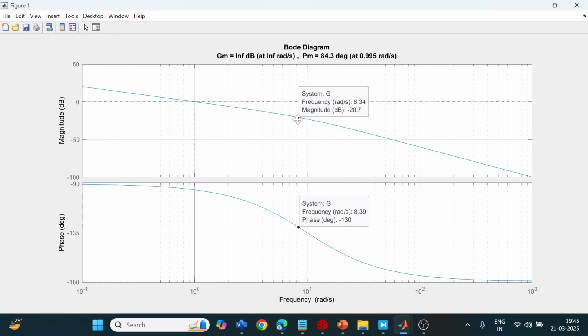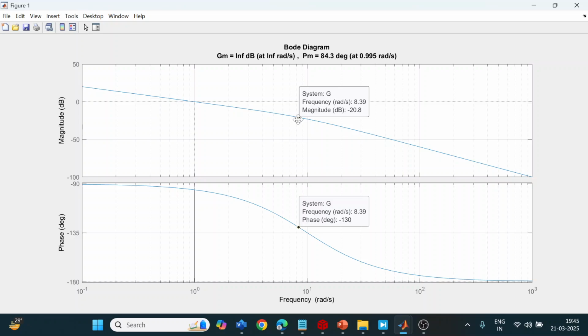Okay, this is 8.39. Now you can see at 8.39 the magnitude is contributed by how much? 20.8 decibel. So 20.8 decibel is the magnitude.